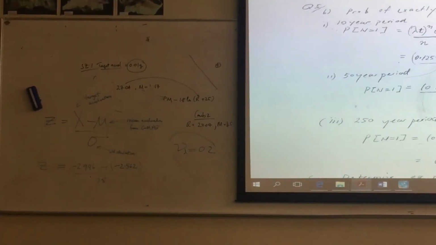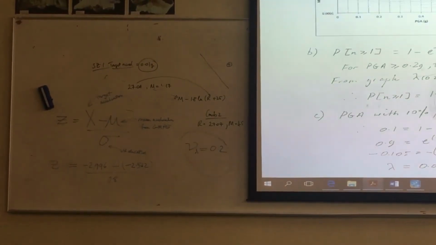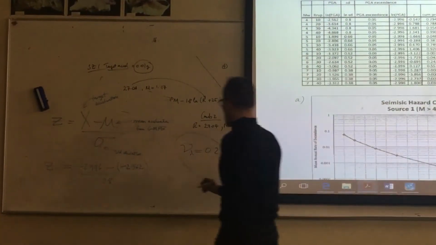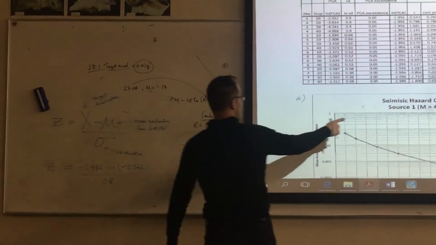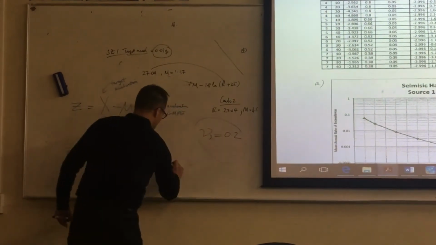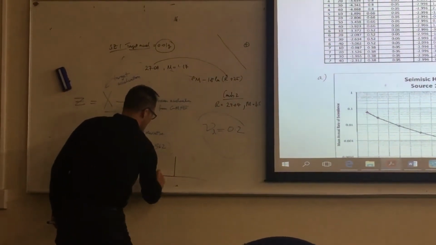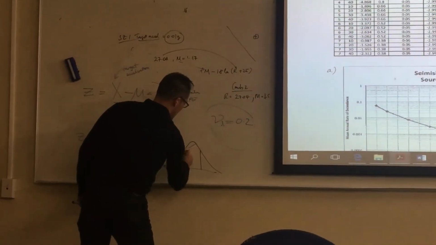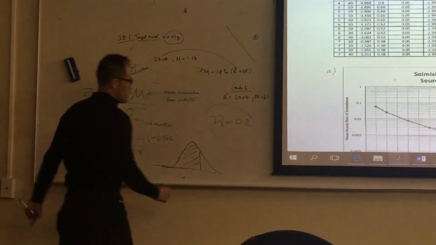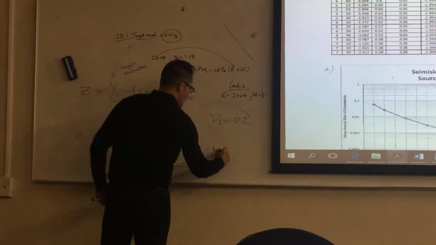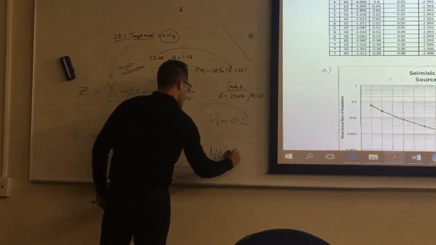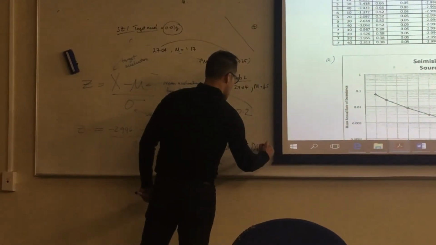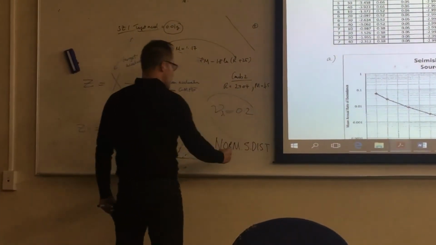So Excel, what would I do in terms of Excel? You want to look at the formula normal standard distribution. So look at this, the formula to calculate the cumulative probability. So remember we're looking at the cumulative probability for this target acceleration. You look at Excel, I think it's this equation here, NORM.S.DIST.